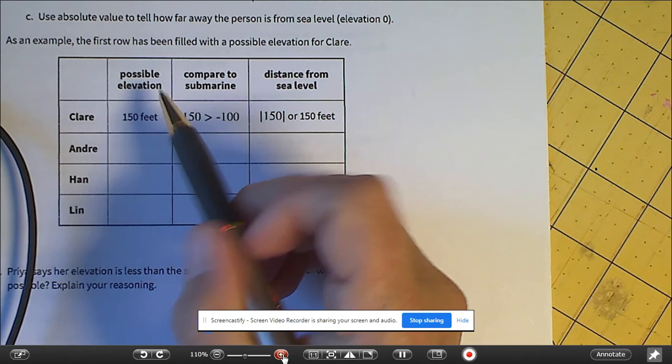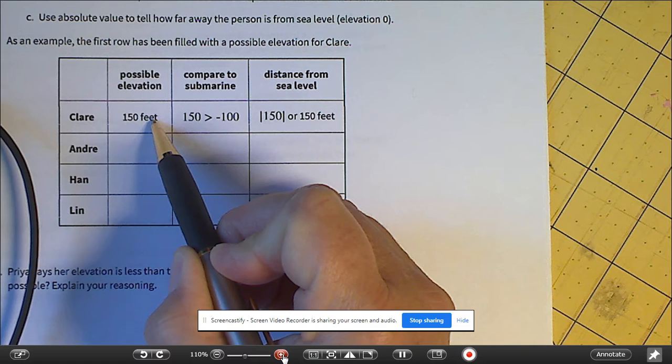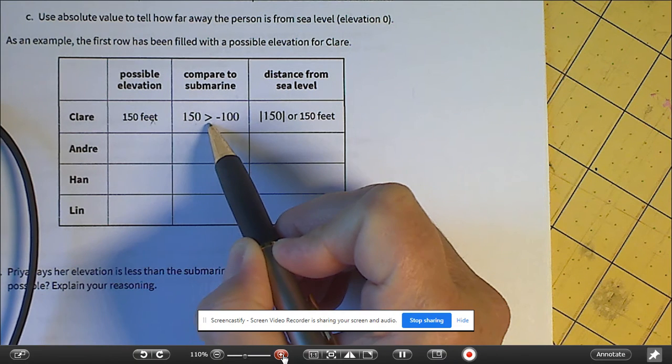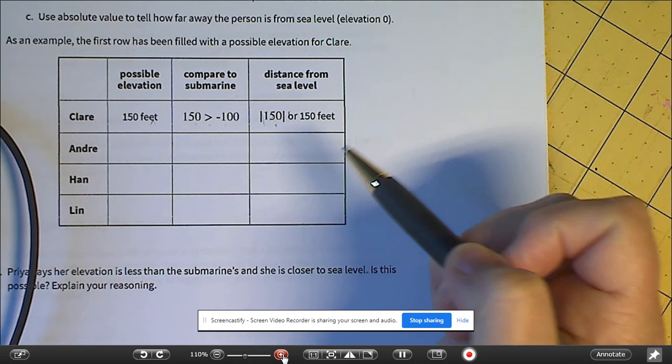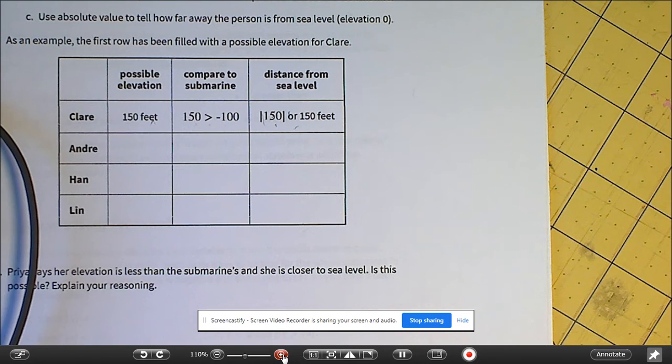So she could be at 150 feet. 150 feet is greater than negative 100. So the absolute value of 150 is 150 feet.